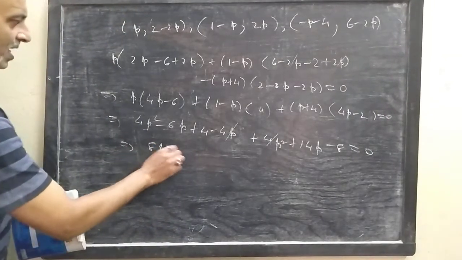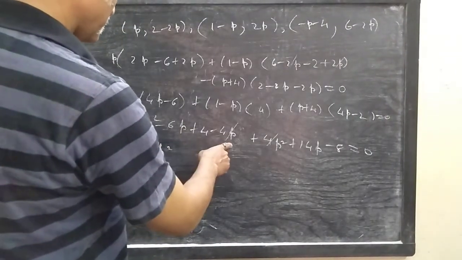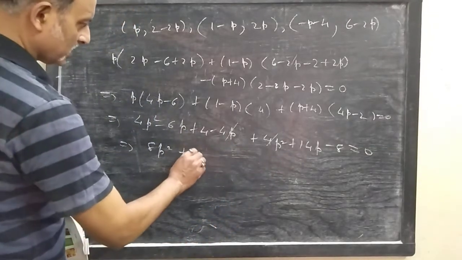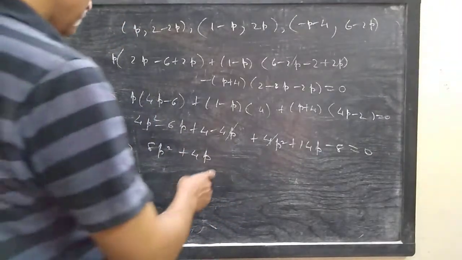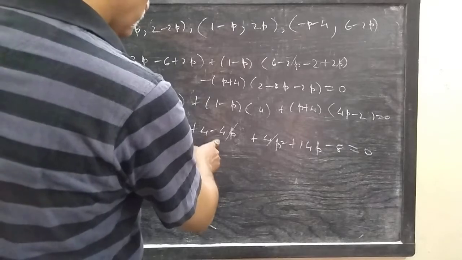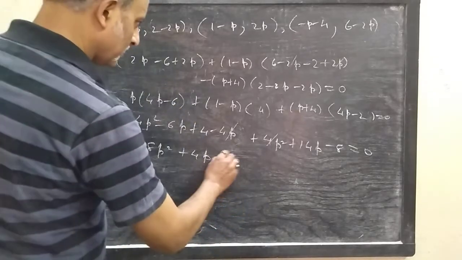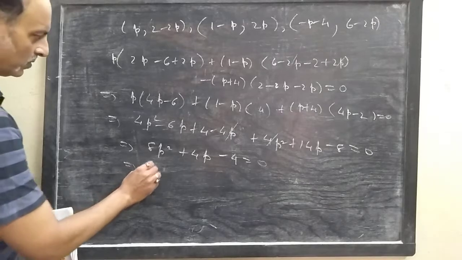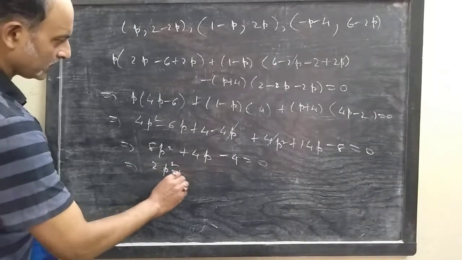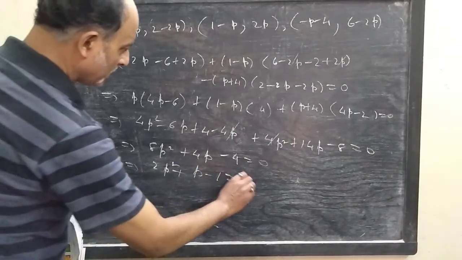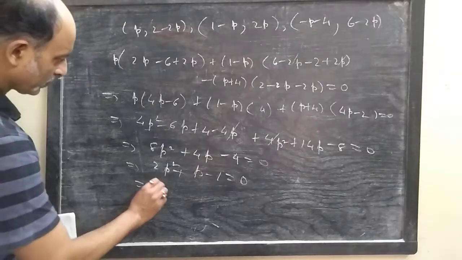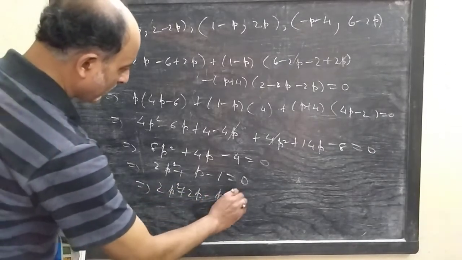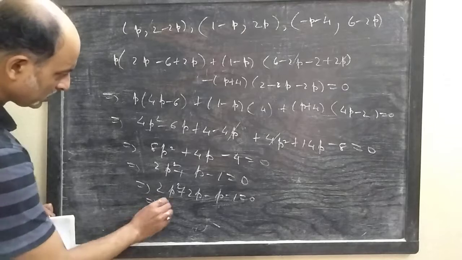This will be 8P square, then minus 6P minus 4P minus 10P plus 14P, that is plus 4P, then plus 4 minus 8 minus 4 equals 0. Now divide by 4, 2P square plus P minus 1 equals 0. 2P square plus 2P minus P minus 1 equals 0.